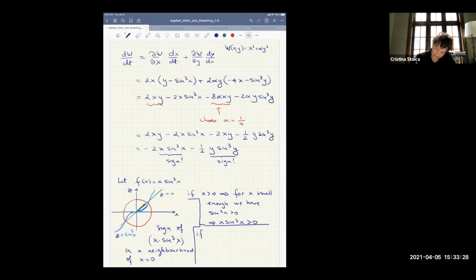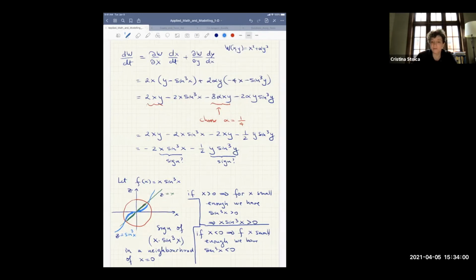If x is negative, then for x small enough, I shouldn't jump the gun, huh? We have sine cubed of x negative, right? So I'm on the other side of the world, this side. So x is negative, right? And the sine bit, sine cubed, is negative as well.